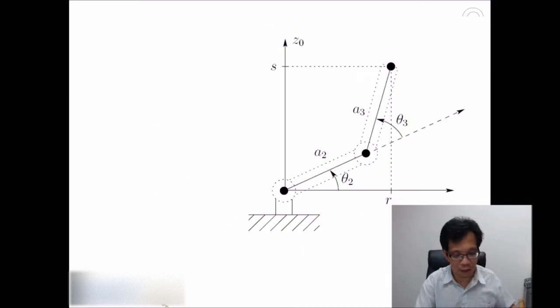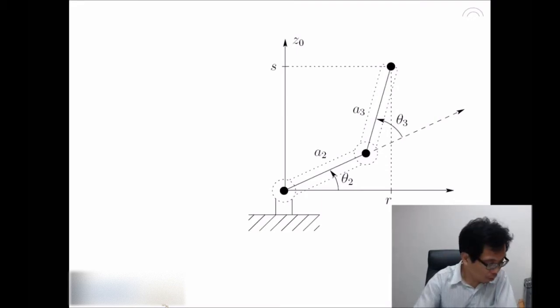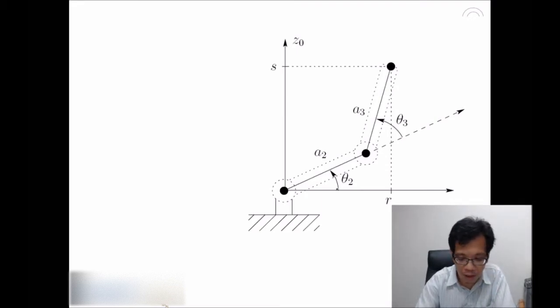If you draw everything like this one, let's repeat what we did earlier. We will need to put theta 2 over here and theta 3 over here, and a2 and a3 over here, so it's easier for us to visualize what's going on.